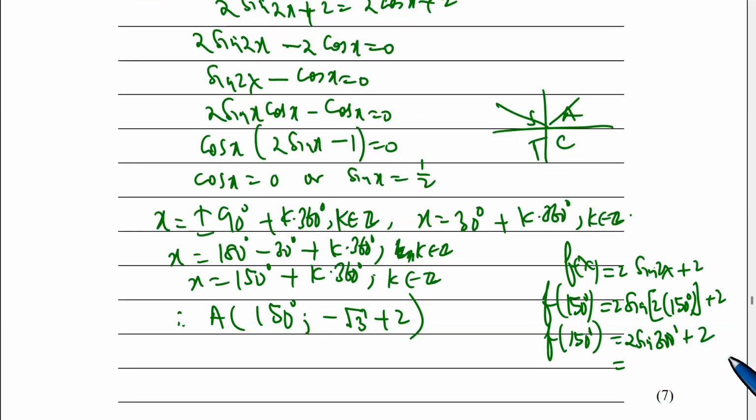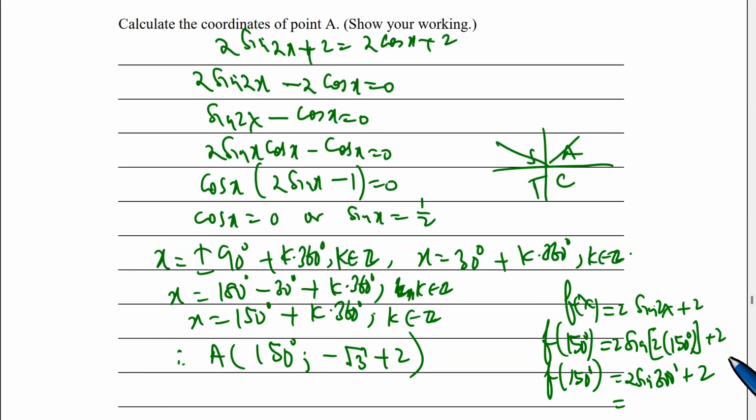What is the sine of 300? Right, so the sine of 300 is the same as 360 minus 60, and that would be minus the sine of 60.